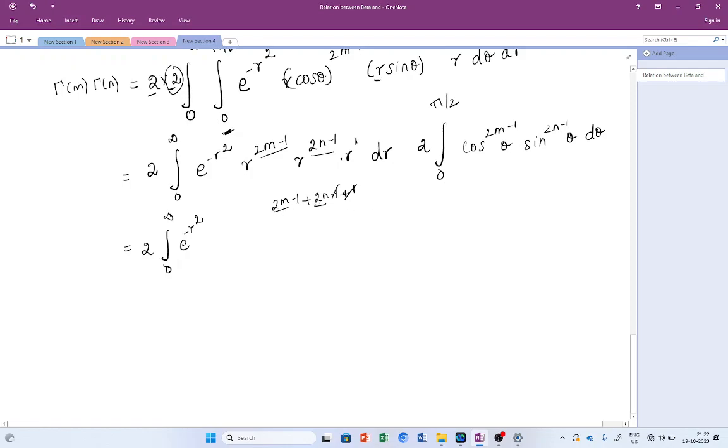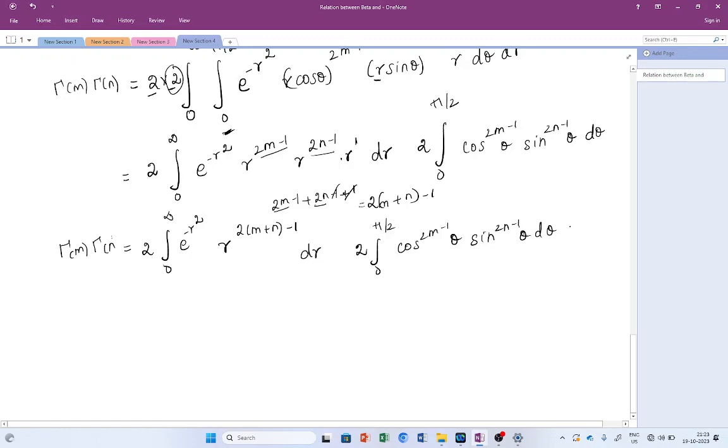In 2m and 2n I can take 2 outside, so it can be written as 2 into (m plus n) minus 1. So r to the power of 2(m plus n) minus 1 dr. And the second thing is 2 into integral 0 to pi by 2 cos to the power of 2m minus 1 theta sine to the power of 2n minus 1 theta d theta. So this is gamma of m into gamma of n.